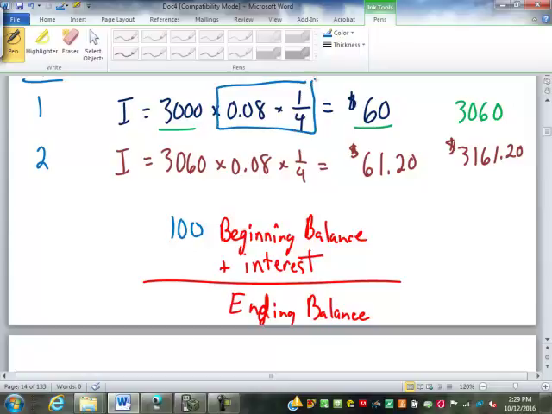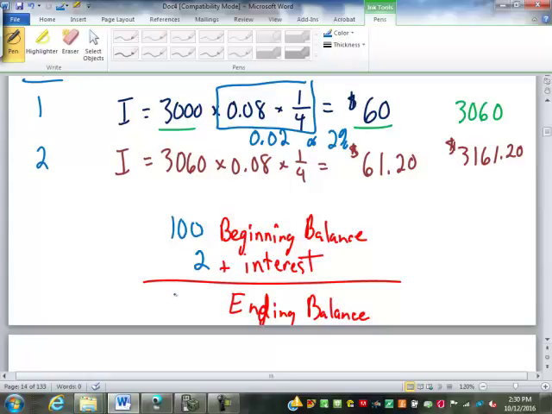If I look at this right here, 0.08 or 8% times 1/4, that comes out to be 0.02 or 2%, which makes sense. If that 8% is annual interest, 8% per year, each quarter, or each 1/4 of a year would be 8 divided by 4 or 2%. So I'm getting 2% interest each quarter.